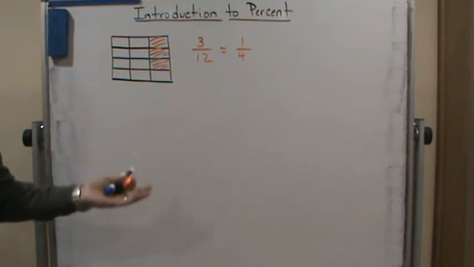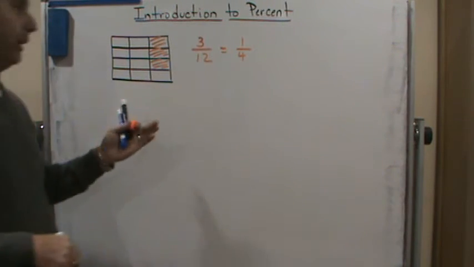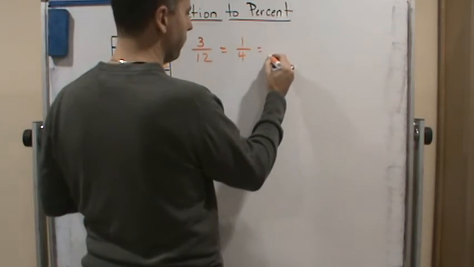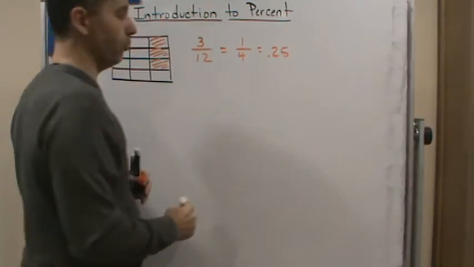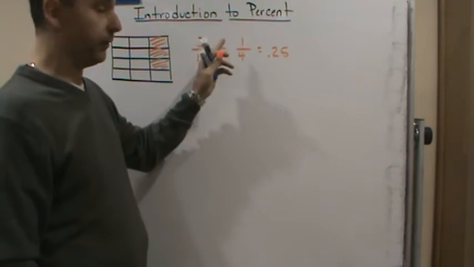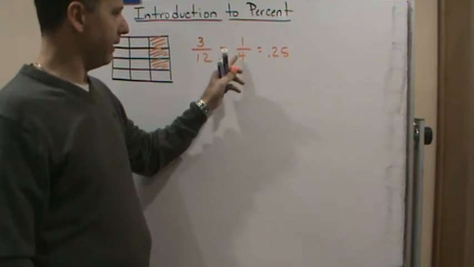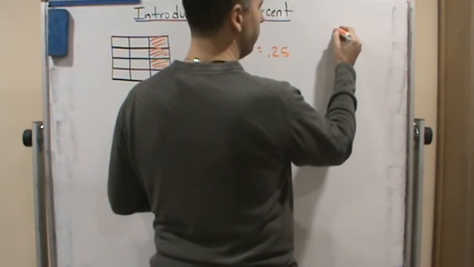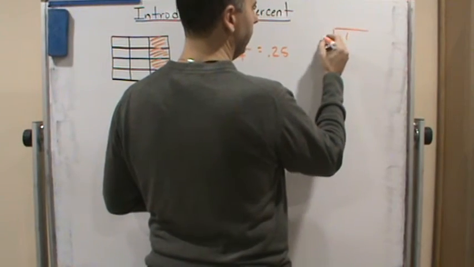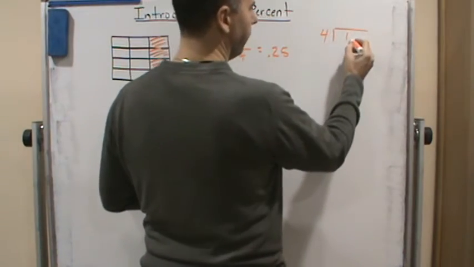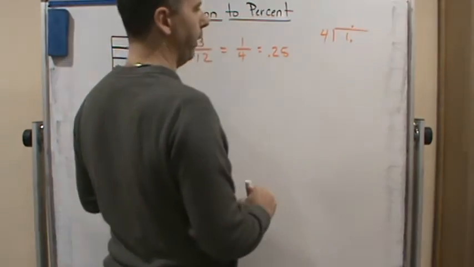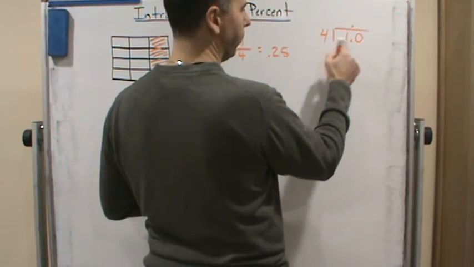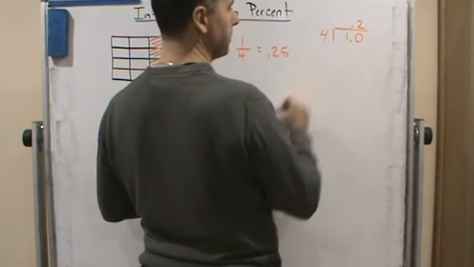Now, we can change this to a decimal. Either we know what 1/4 is, 0.25, or if you don't know, then we know from earlier videos that we can divide. This means division, 1 divided by 4. So if I just do the division, there's my decimal point, and then I add a 0 because 4 doesn't go into 1, but it will go into 10 2 times.